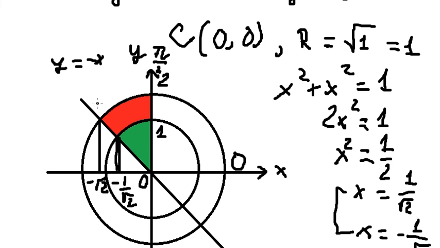We know that the angle of this one is 45 degrees, or pi over 4. So we put pi over 2 plus pi over 4, and you get 3 pi over 4.